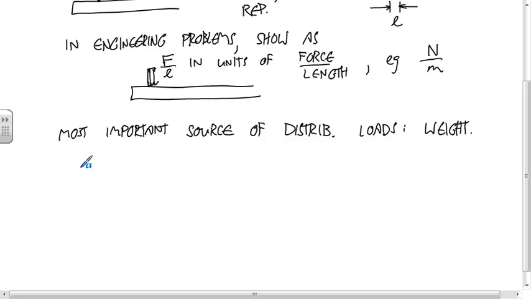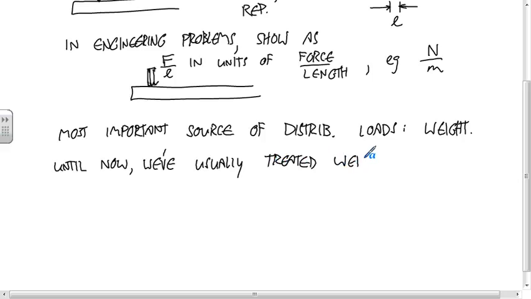So until now, we've usually treated weight as a point force acting at the object's centroid.